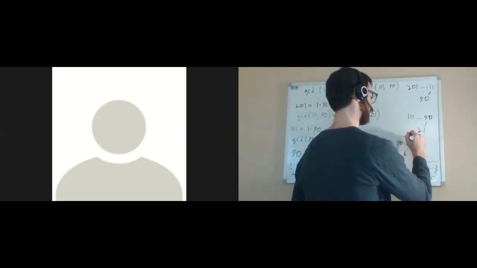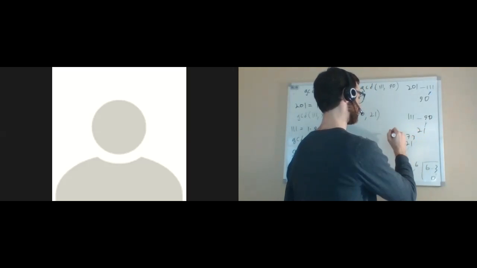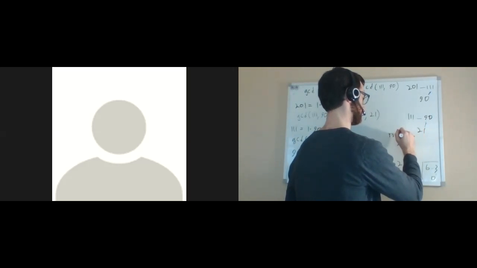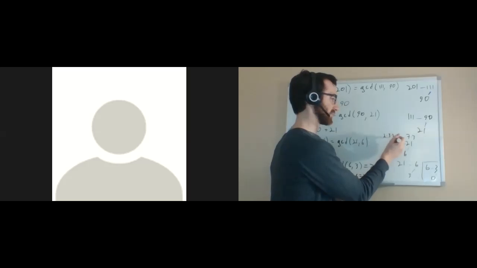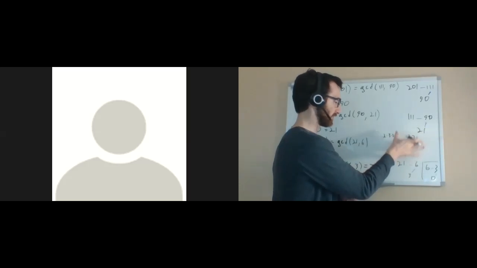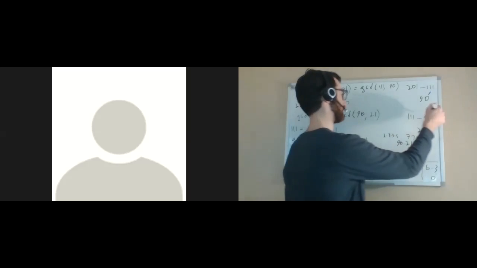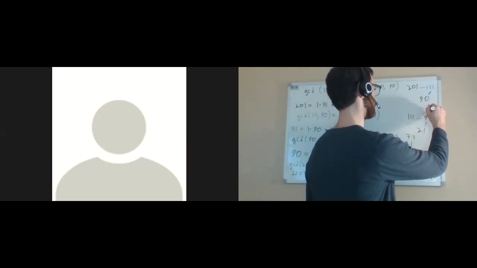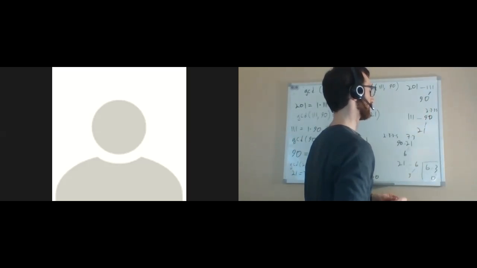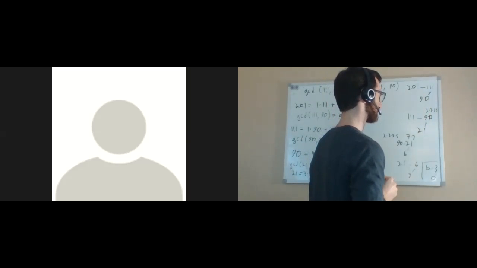21 is equal to 7 times 3, whereas 90 is equal to 3 times 3 times 5 times 2. Once again, you can see the only thing that divides both of these numbers is exactly 3. Then you can go back through and, if this is 2 times 3 times 3 times 5, what is 111? 111 is divisible by 3. And if we divide it by 3, what do we get?